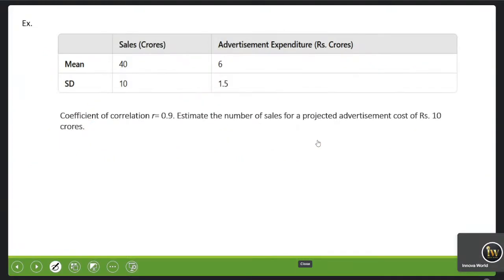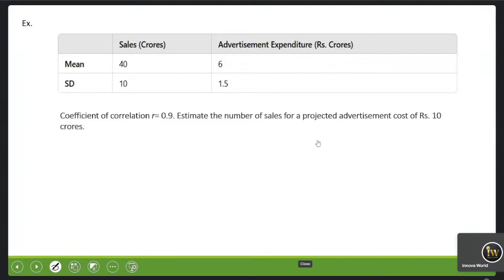Next question. This is important, and you can say it's an industrial example. The data of sales and the advertisement cost are given here. The original data set is not given, that is, the exact values of sales and advertisement expenditure are not given.